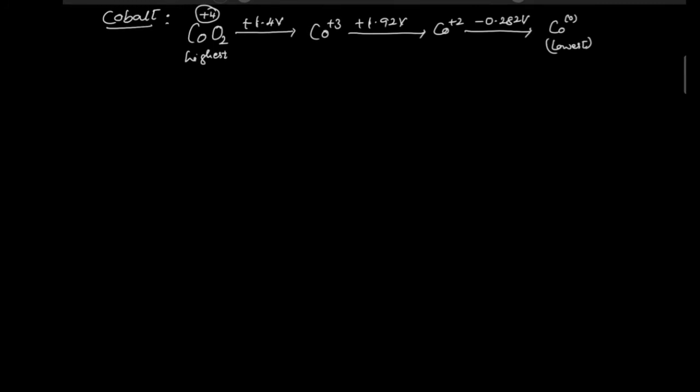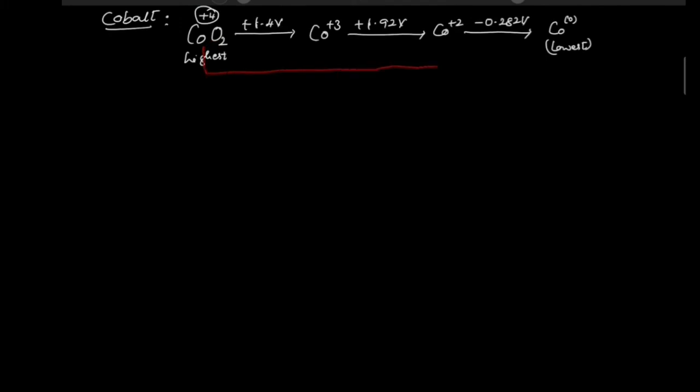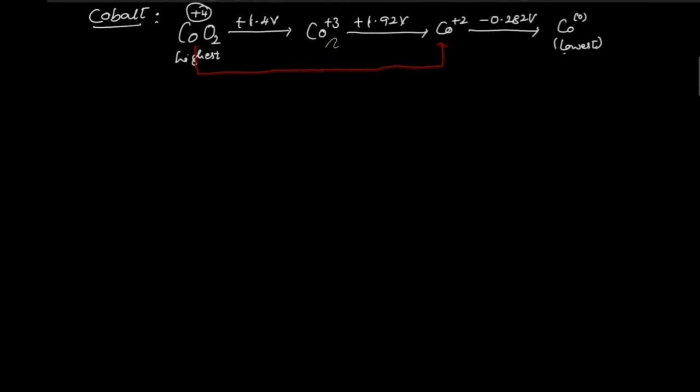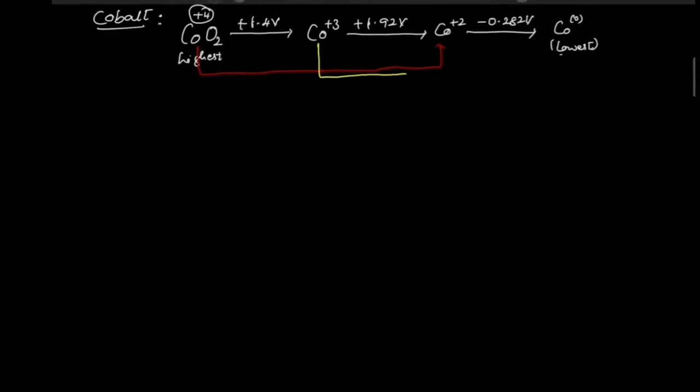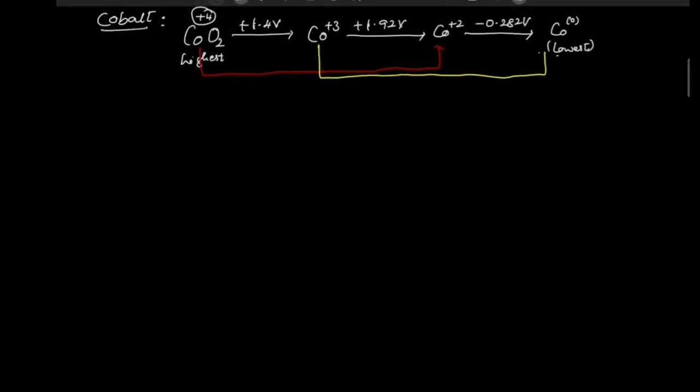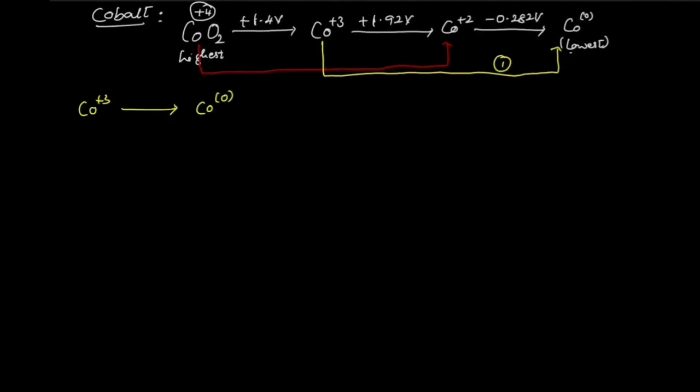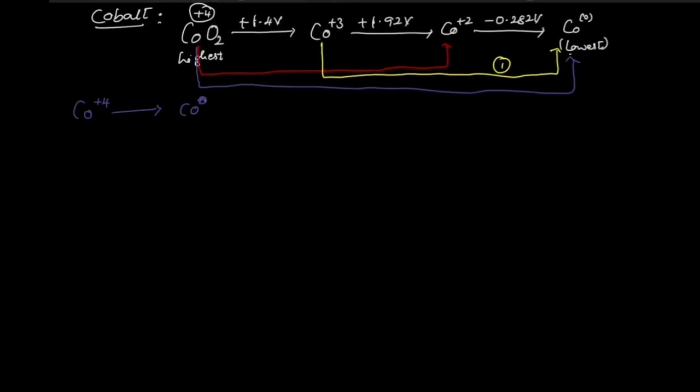Now you can calculate the E naught value for non-adjacent species, like from cobalt +4 to cobalt +2. You can find out for this reaction also. For these non-adjacent species also, we need to calculate the E naught value, the standard reduction potential.